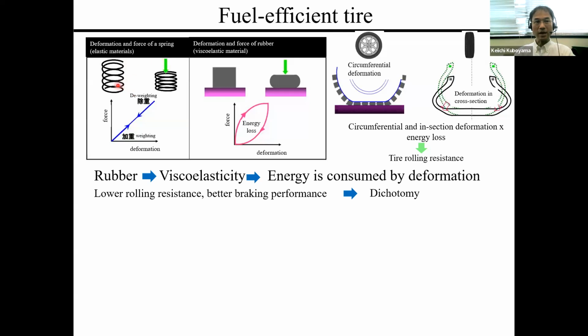If the tire behaves like an elastic material, when you apply force to the tire, deformation occurs and the relationship between them becomes linear. That means when you apply the weight to the tire, the deformation becomes like this.